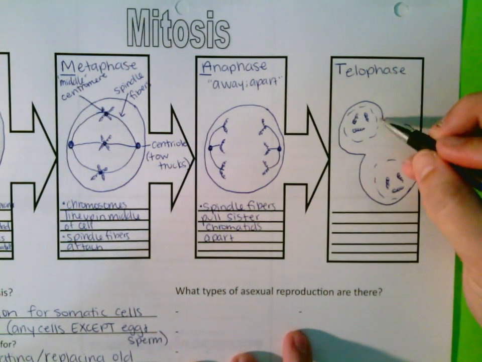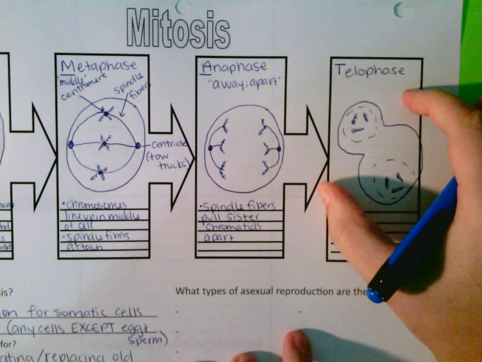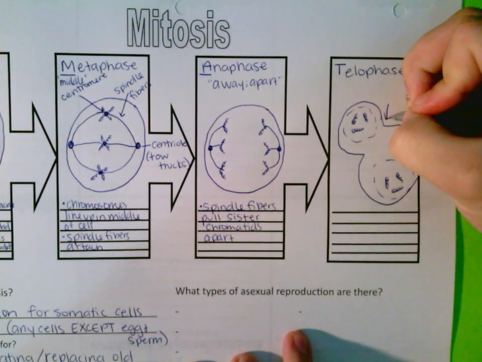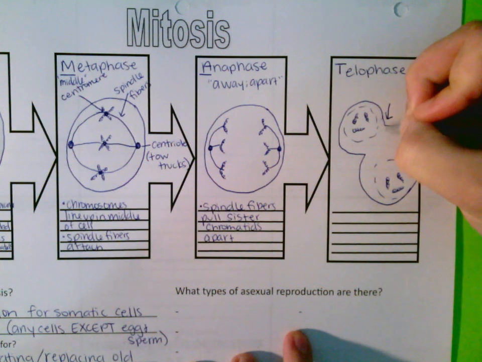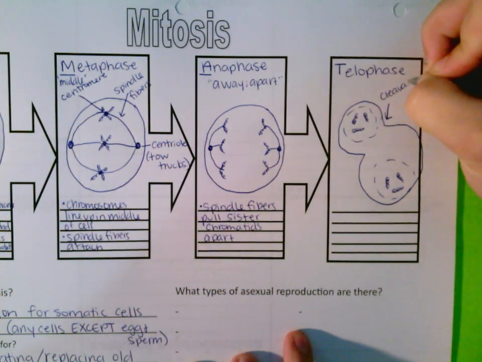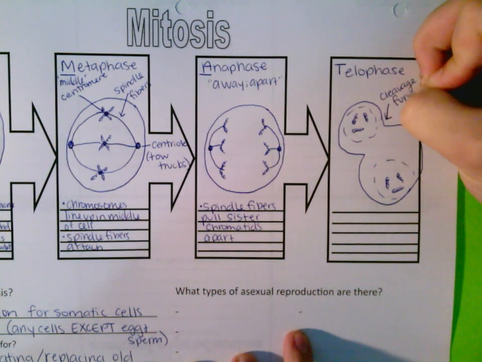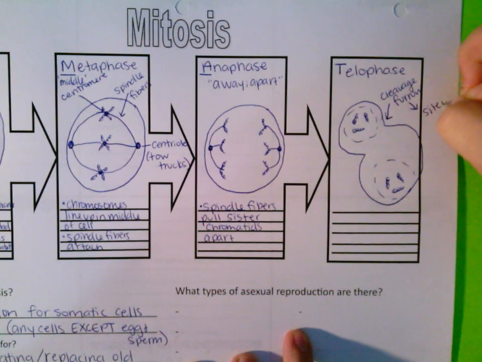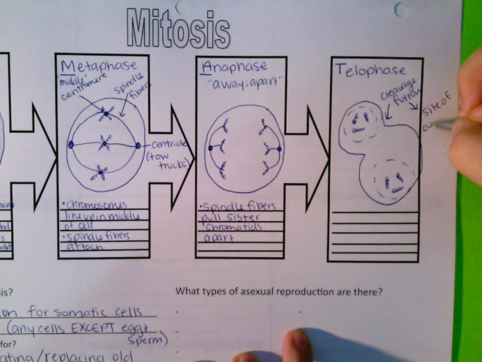And then we also see this little bump right here. We're about to take that cell and we're going to pinch it in half. This section right here, this little area where it's about to pinch off, is called a cleavage furrow. And that is the site of cytokinesis.